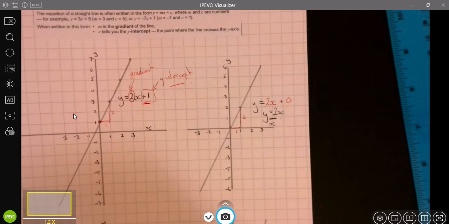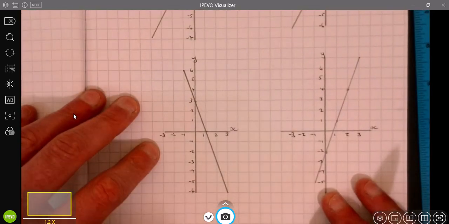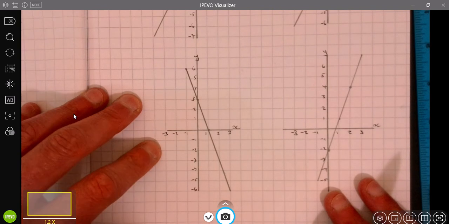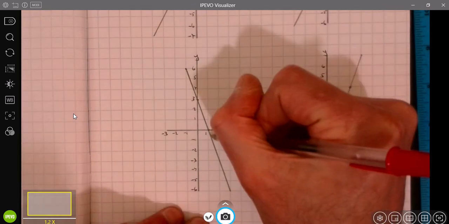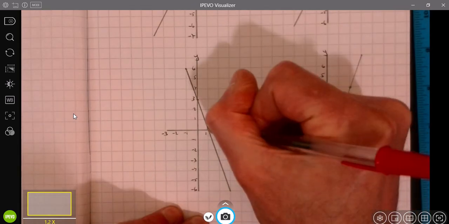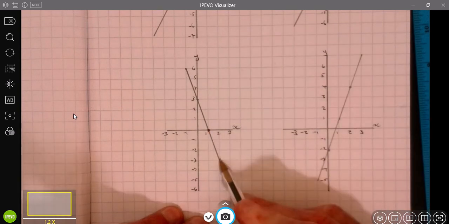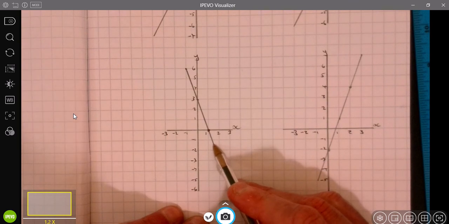Right, let's try a couple more. Here we go. So have a look at this one just down here. Slightly trickier. You should just look at that straight away and think it's a negative. Right, so let's take a couple of points. Now, I'm not just randomly taking any points on the line. I'm picking 2 points that are on the grid, because there's no point me taking this point just here and then some other point.